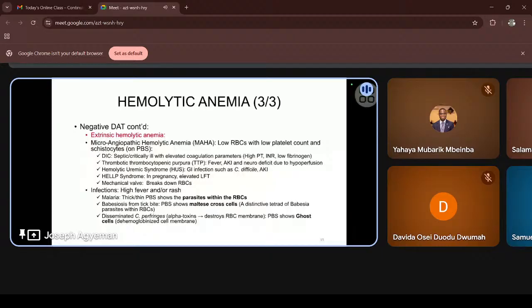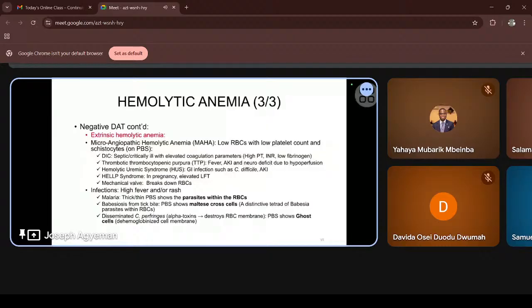That's what we say is an extrinsic hemolytic anemia, a non-autoimmune cause. Two main issues can result in extrinsic hemolytic anemias. It's either a microangiopathic hemolytic anemia or an infection.